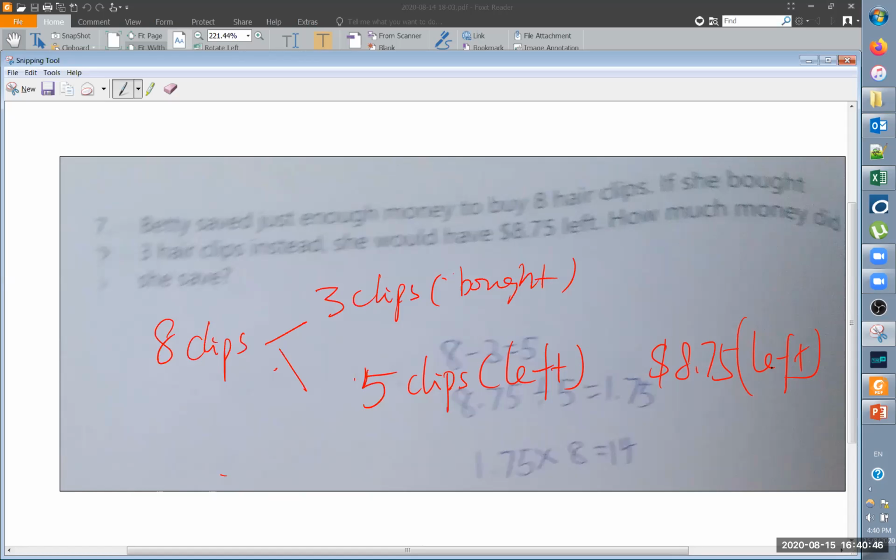How much money did she save? Right? So in order to find how much money saved, you need to find out how much money.